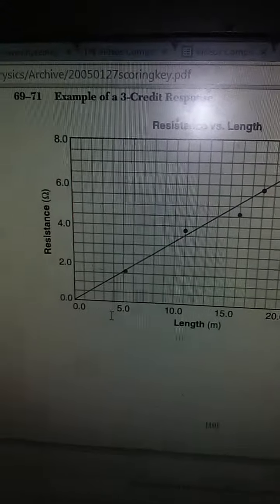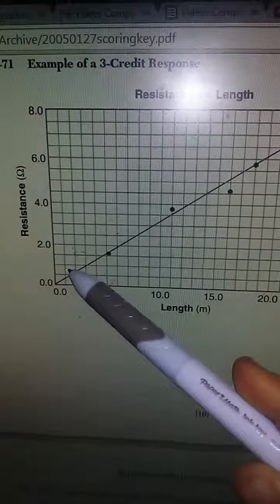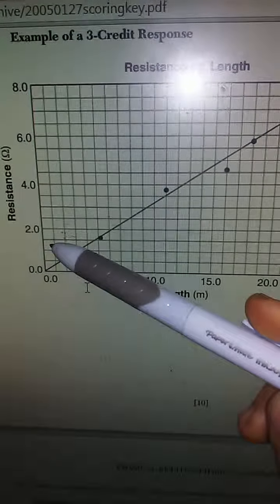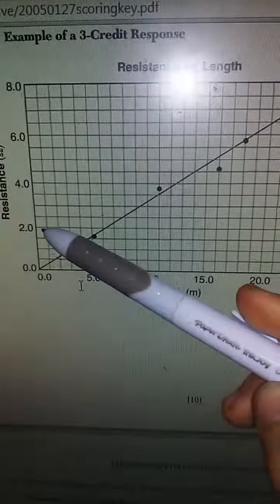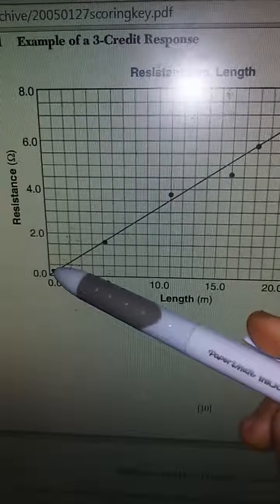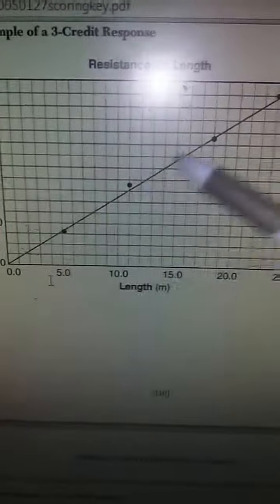And let's see their graph. That's their graph. Okay, they counted by fives. Counted by, I don't know how much. 1, 2, 3, 4. They counted by 0.4 each box.